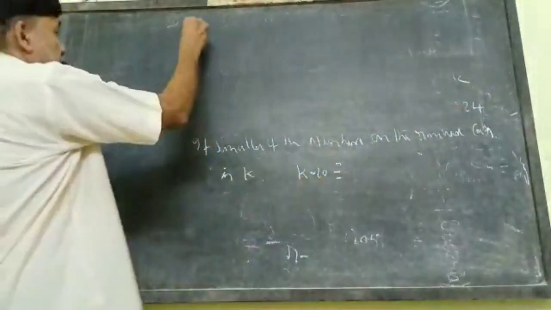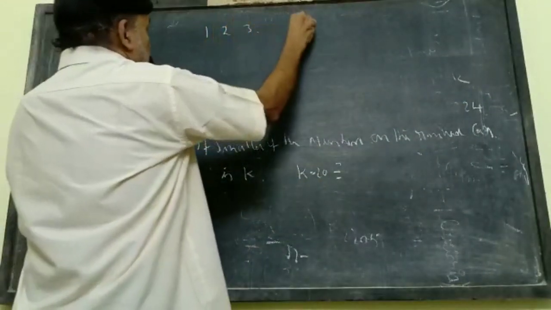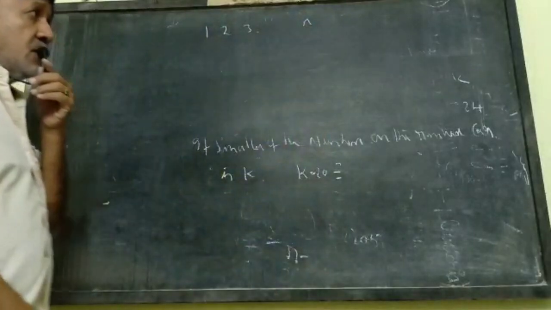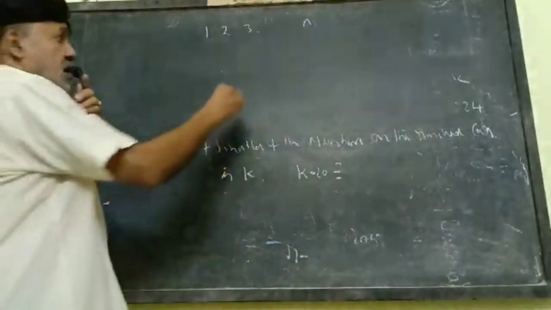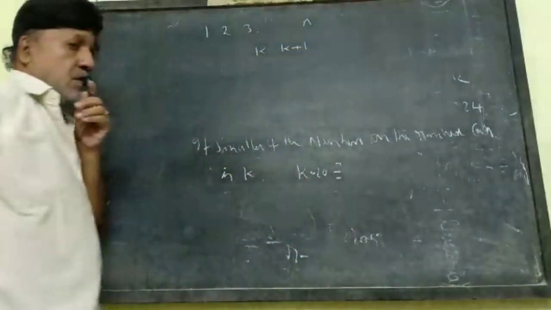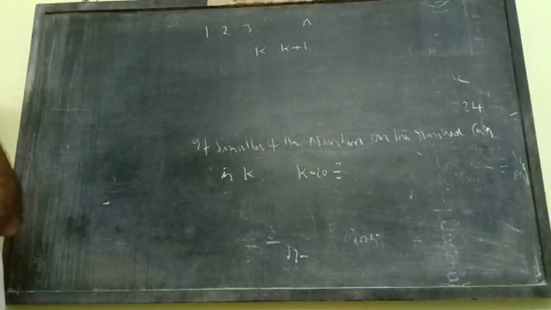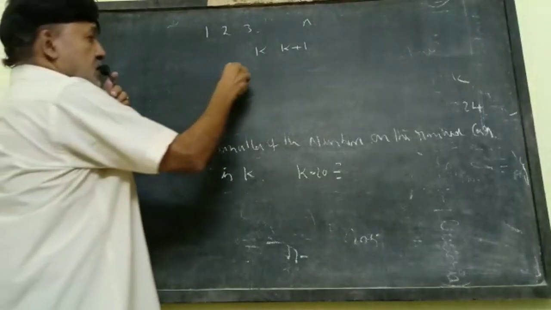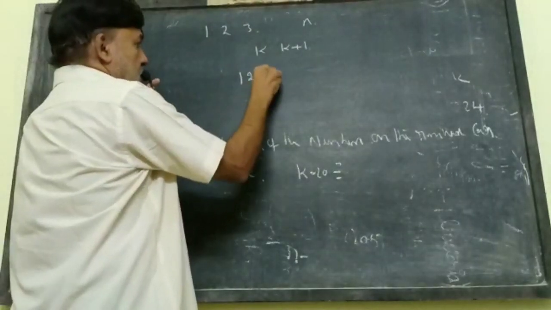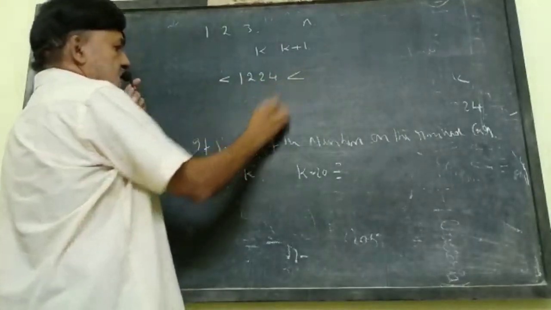See, the numbers are 1, 2, 3 up to n. Let us say you removed k and k plus 1. The remaining sum is 1224.